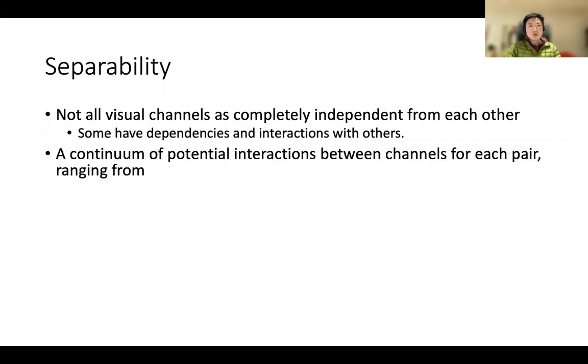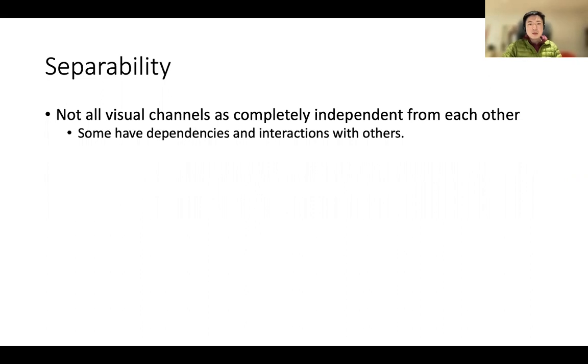Okay, the next one is called separability. You want the visual channels to be independent from each other, but that's not always the case, because sometimes one attribute can interfere or interact with another one. For example, if you have 3 attributes to represent, they are all numbers, and you can use position, color, or size to represent them.